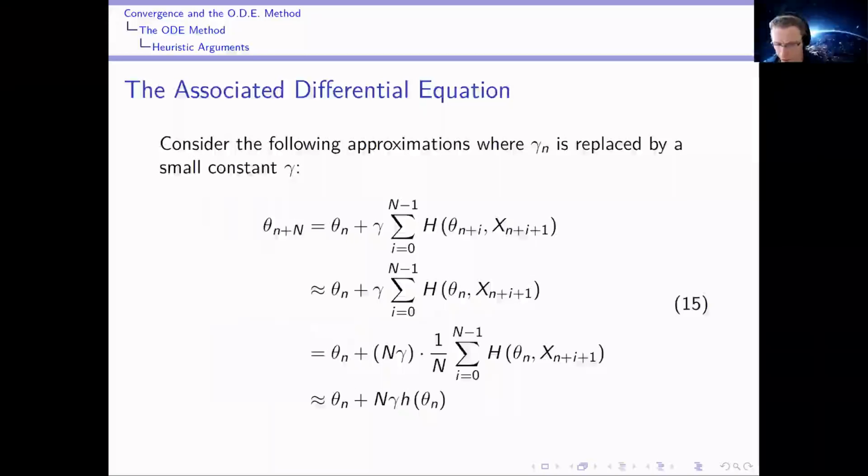I just wanted to make a heuristic argument to give some intuition behind the method. If we take the update equation, we consider a sequence of n updates, which just involves applying the recursion to the nth update.